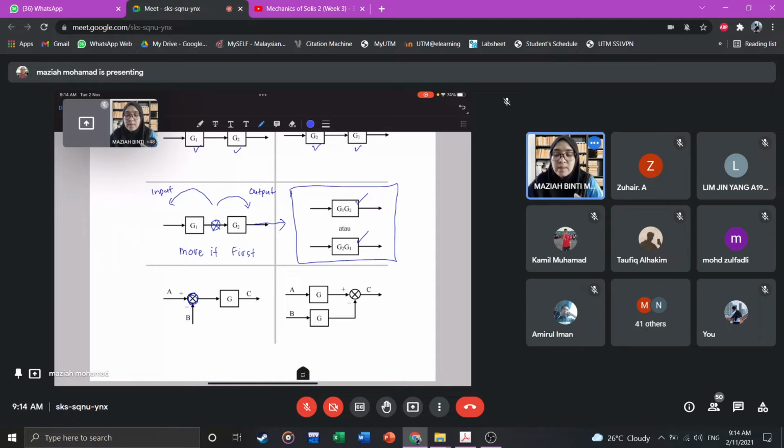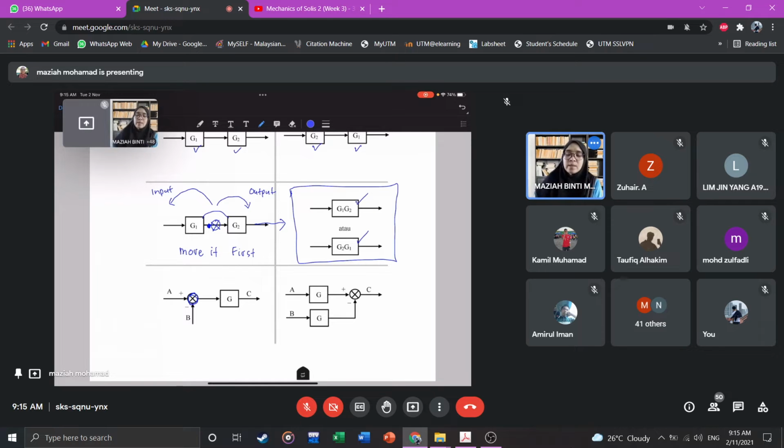After you move it, then only you can multiply G1 and G2. You can combine it together. But if there is a summation point or pickoff point between the blocks, then you cannot combine it. We will need to move it first.